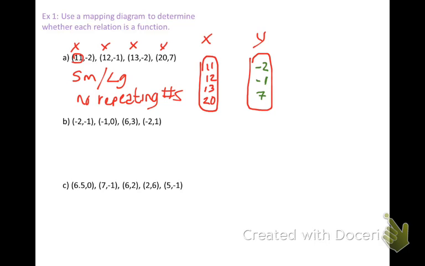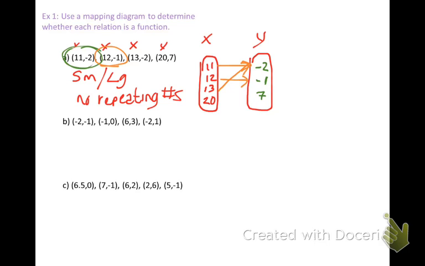Okay, this is where the function comes in. You're going to have what are called arrows. So I'm going to say 11 goes to, you look at the first point, and I notice that it goes 11 to negative 2, so I'm going to put an arrow from 11 to negative 2. Then the next one says 12 to negative 1, an arrow to there. Then I have 13 to negative 2, goes back up here.